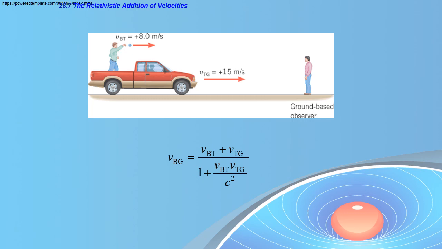So basically that denominator becomes 1, and the velocity is 8 plus 15. But as it gets bigger, we actually have to take that into account. So the key here is, as your speed relative to something else is large enough, space and time are affected.